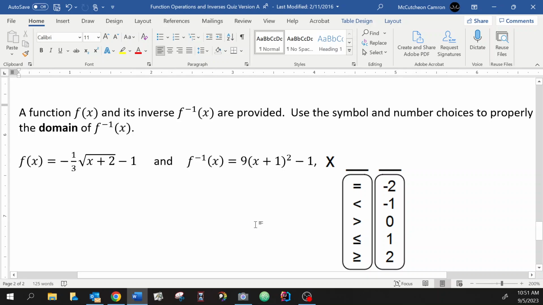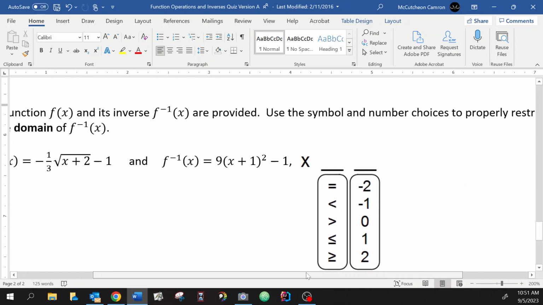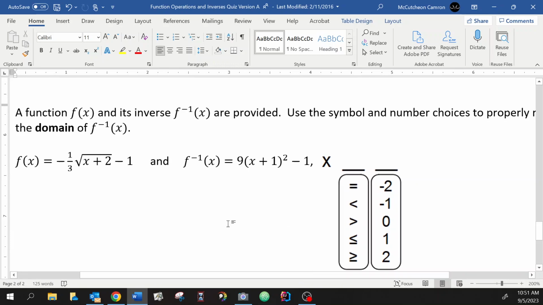I've given a function and its inverse, and then said use the symbols to properly restrict. You can't see the word restrict, it's over there though. See, restrict the domain of f inverse. So I gave them this square root graph, and then I said restrict the domain of this using these symbols. Well, in reality, we needed to be looking at this thing. It has a negative on the front, so it points down from this number.